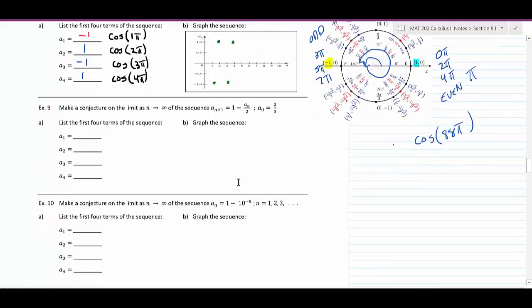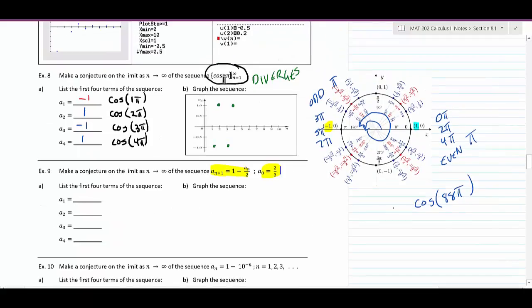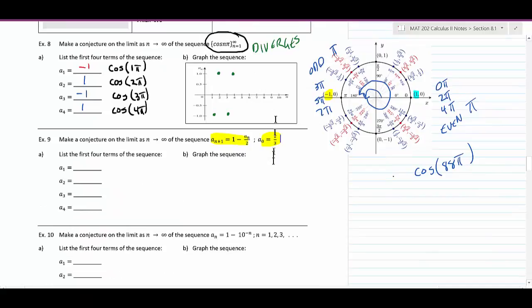Okay, let's look at the next one. Now this one is given in what's called a recurrence relation. The last two problems I had given you the explicit formula. So let's go ahead and work that out. Now sometimes, like when we did the Fibonacci sequence, we can start at A0 if we want to, and a lot of times, like in physics, we use A naught to represent the initial value.